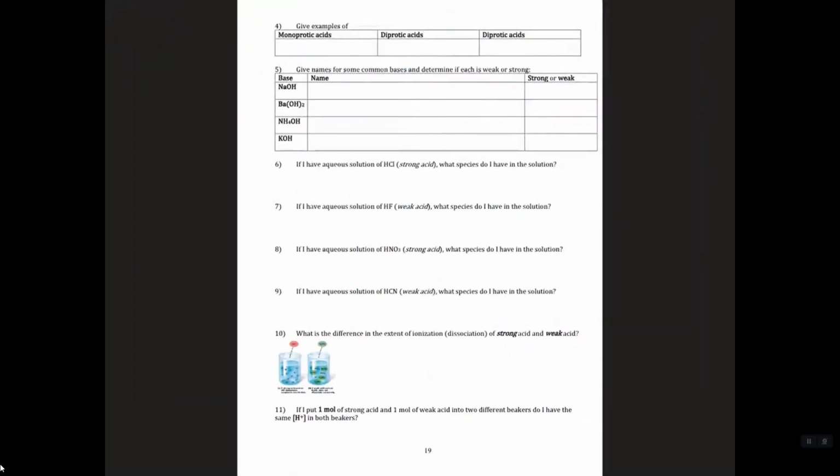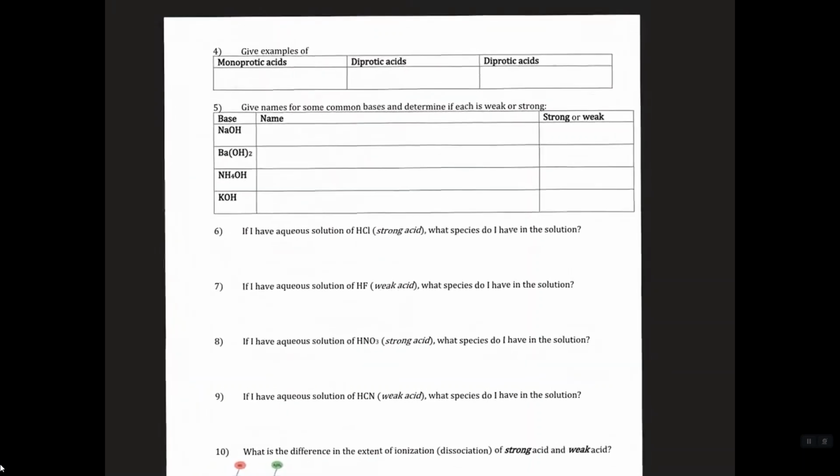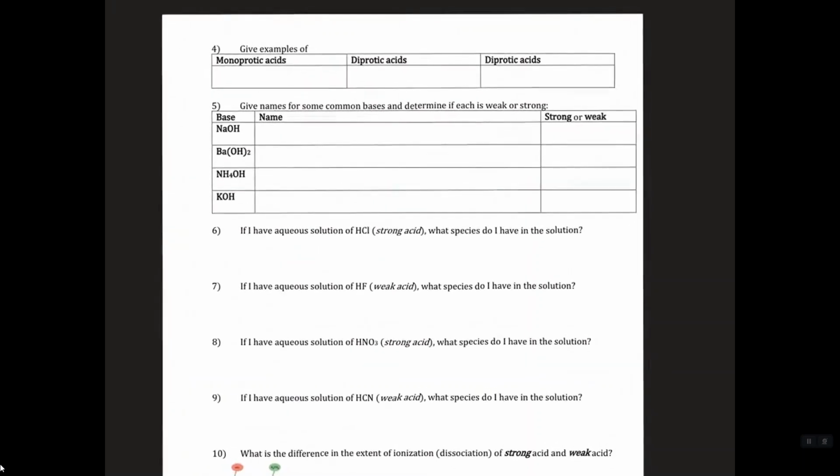The next question: monoprotic, diprotic, and this should say triprotic acids. So what does it mean? You think about the name, monoprotic. So it's acid that can release only one proton. Diprotic, that's acid that can release two.